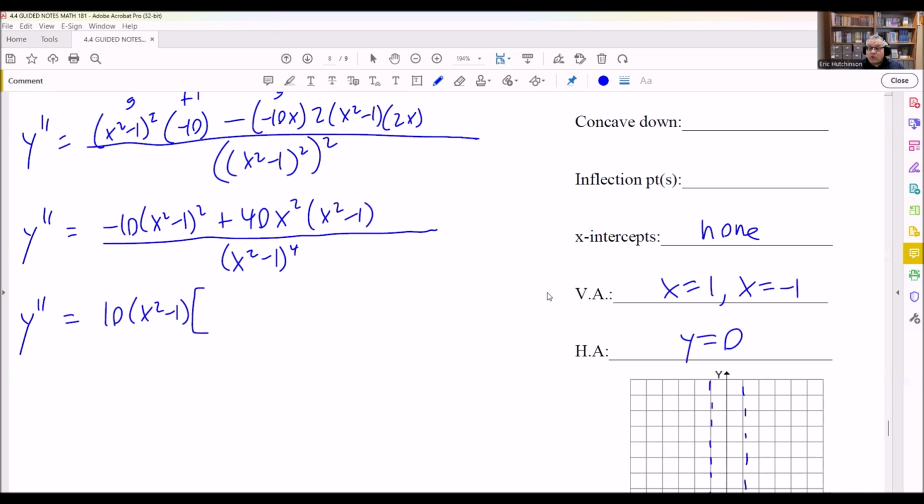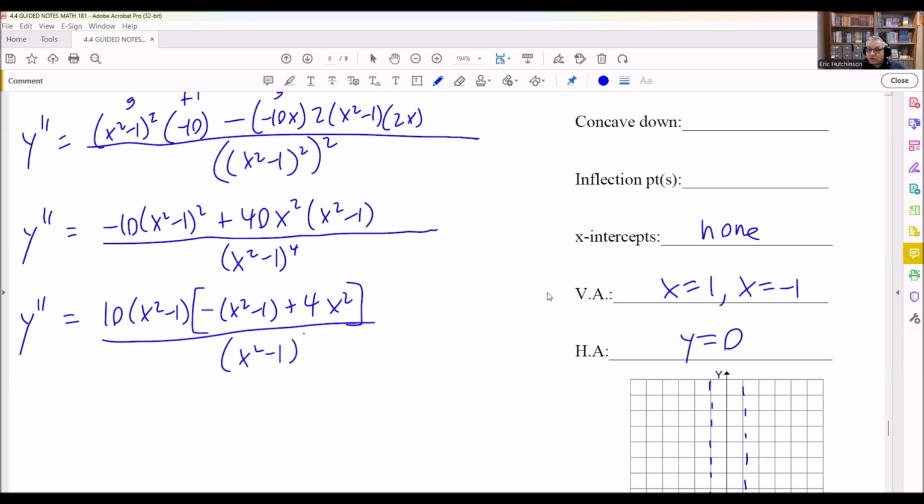Now, if we factor that out, we take this first one divided by this, and we just get a negative x squared minus 1, that first part there. This part, we still have 40 divided by 10 is 4, and then we have x squared left over. This one's going to go away because it canceled out.